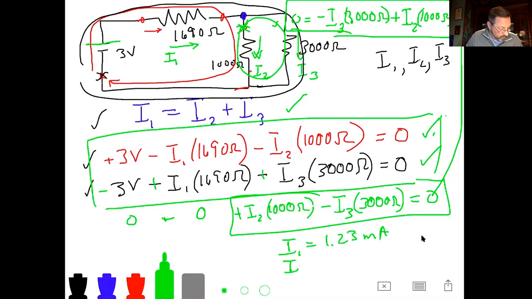I2 is going to be equal to exactly what it was before, which is 0.92 milliamps. And of course, I3 is going to be equal to 0.31 milliamps.